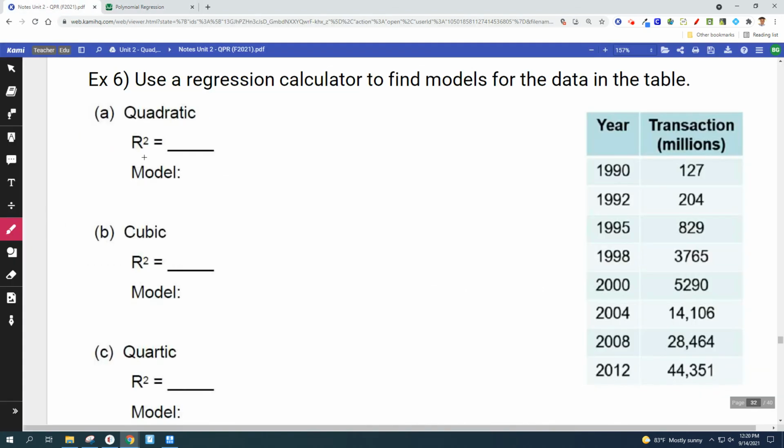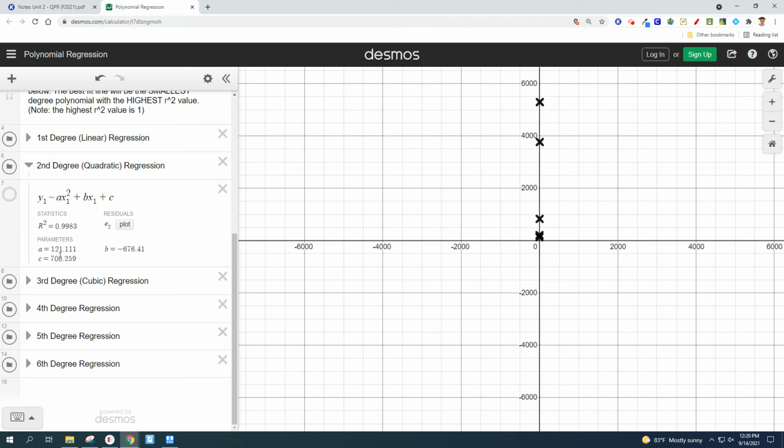So here are our A, B, and C numbers. We would want to write that in as an equation. So put your A here, your B here, your C here. And let's come back to that.